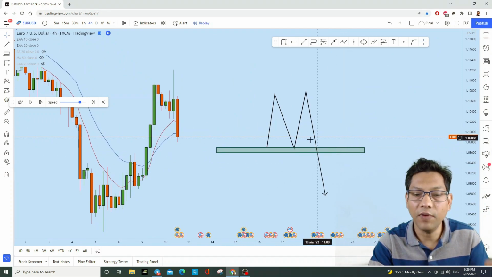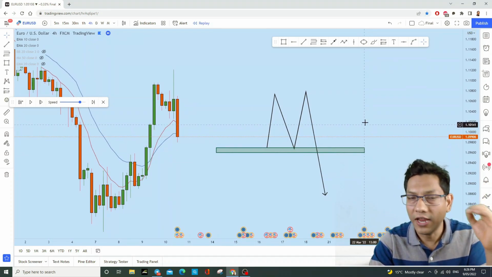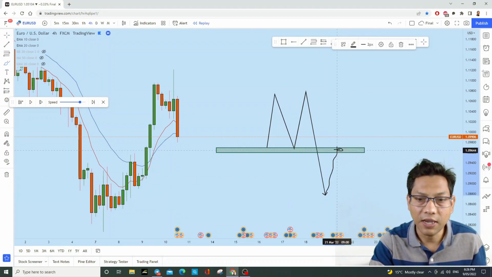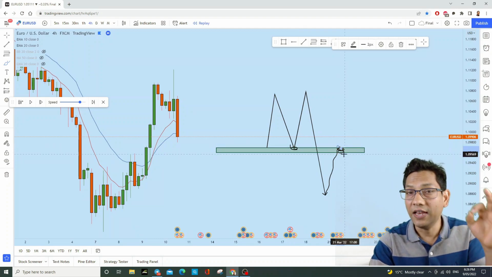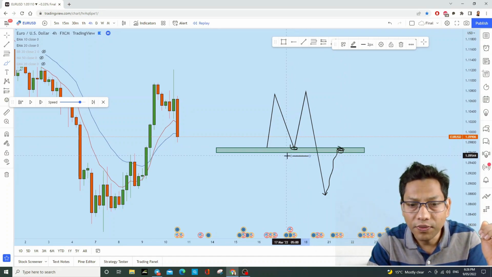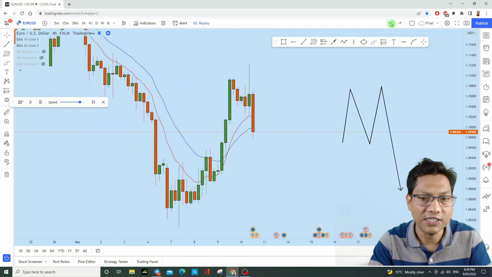So this is the area of value. In most cases, with a double top formation or any kind of reversal pattern, price should go there at some point to test this previous support as a resistance, and your pending order you have to put just below this area of value. With that being said, look at this example here.